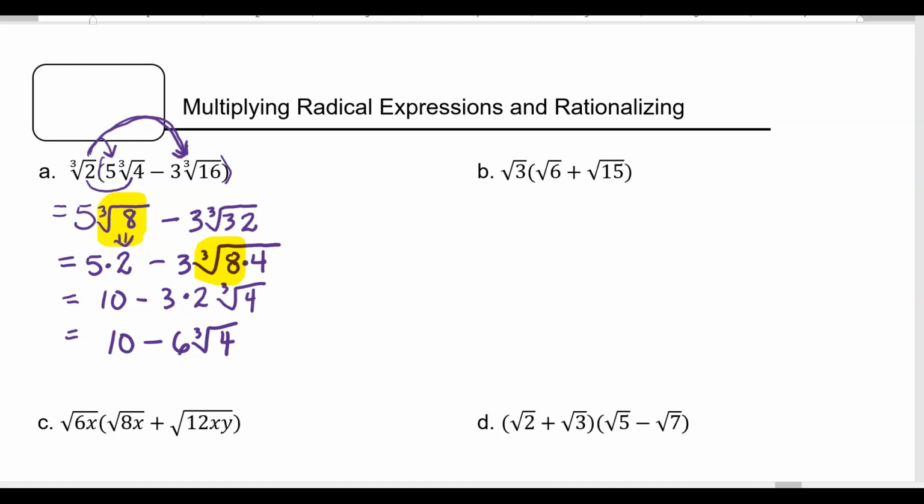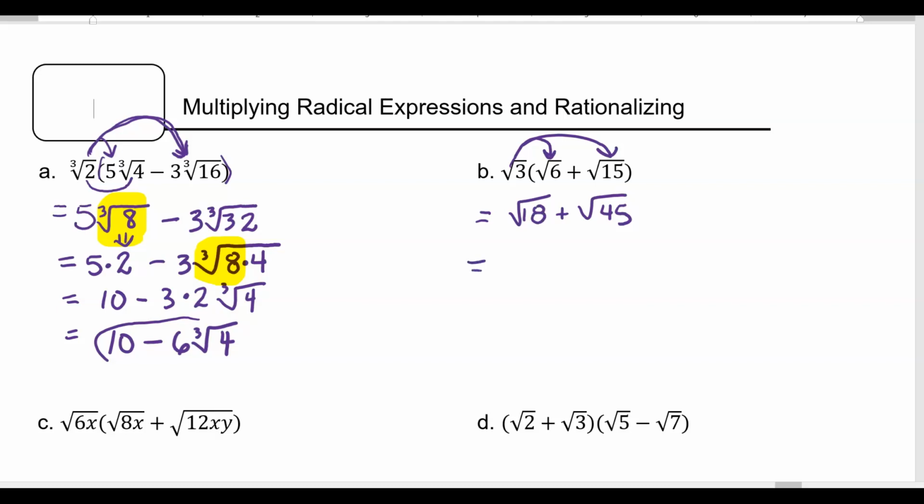Let's move on to B. The square root of 3 times the square root of 6 is the square root of 18. Also, square root of 3 times the square root of 15 is the square root of 45. Now, can we do anything with the square root of 18 and the square root of 45?